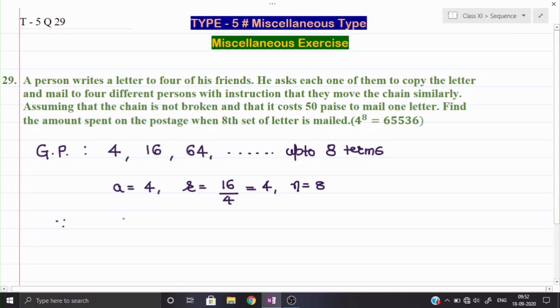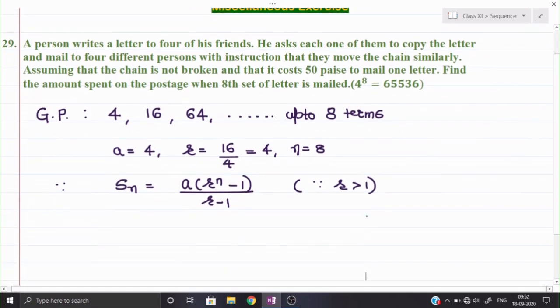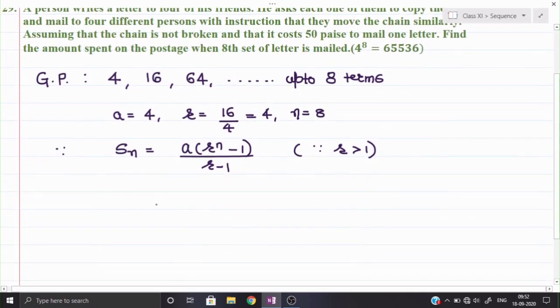So Sn will be equal to a into the bracket r to the power n minus 1 upon r minus 1. The formula I applied is for r more than 1, because the value of r is given as more than 1. So a is 4, into the bracket 4 to the power 8 minus 1, upon 4 minus 1, because the value of a is also 4 and r is also 4.